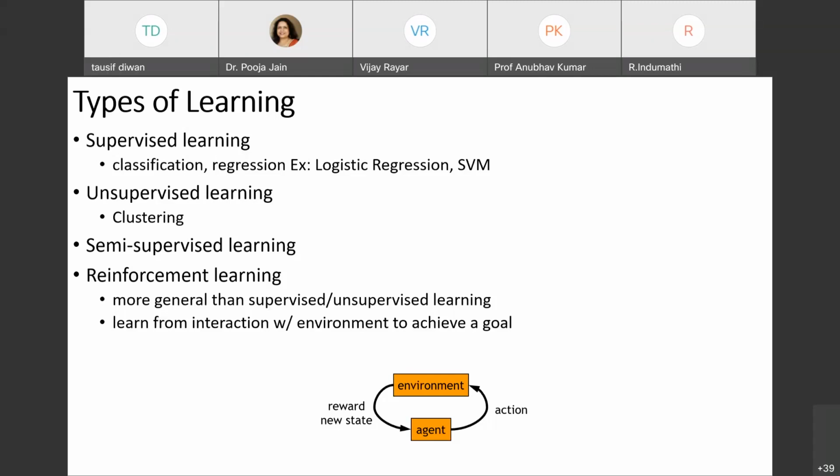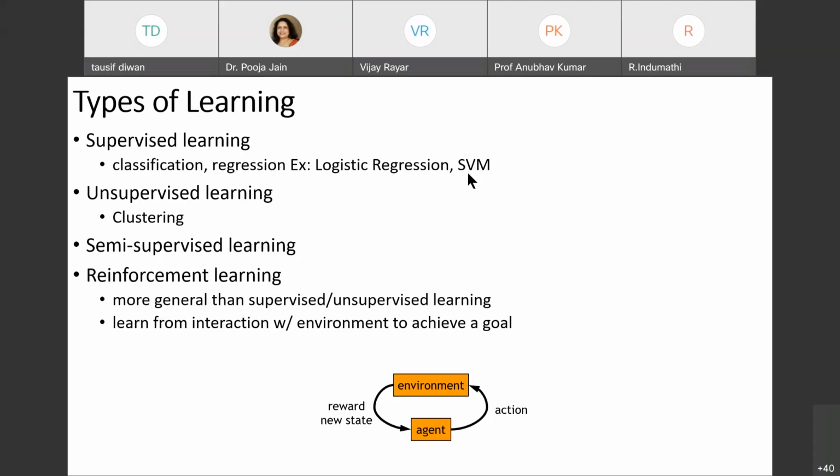Unsupervised learning, in which only data is given without any labeling. Semi-supervised learning is a mixture of supervised and unsupervised, wherein some of the samples are labeled and lots of samples are unlabeled. And lastly, very important, is reinforcement learning, which is based on the interactive environment between the agent and the reward function.